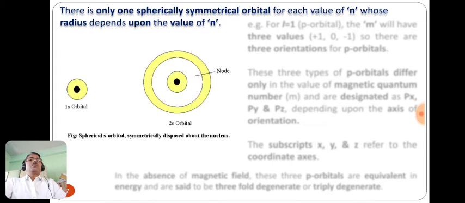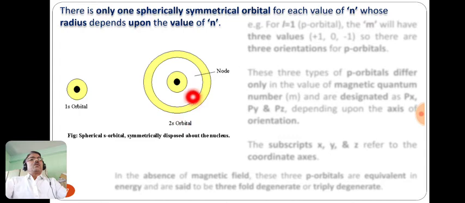It can be shown like this. This is the 1s orbital, from the first energy level, and when there is the second energy level, then this is the 2s orbital, which is denoted by the yellow colored circle.